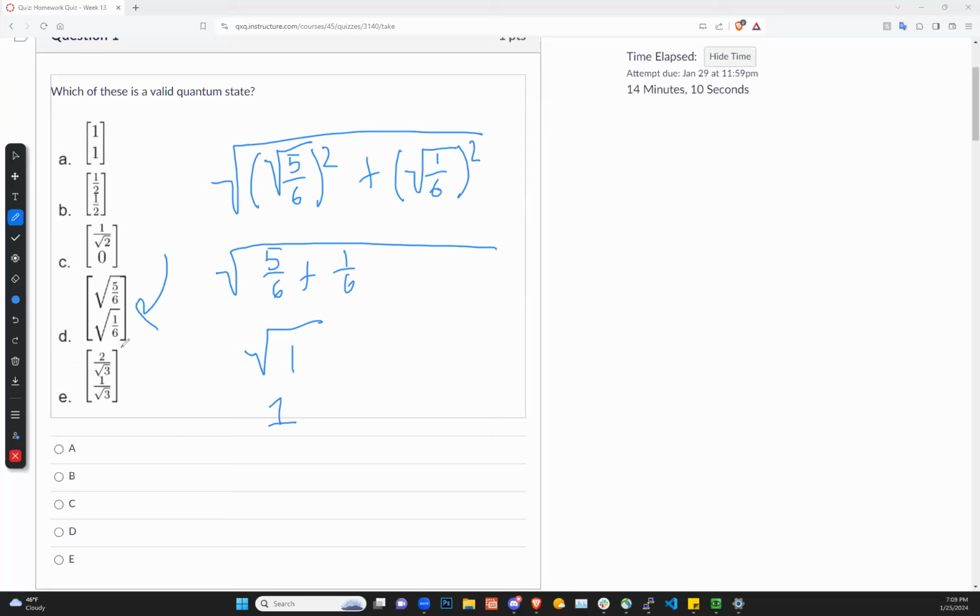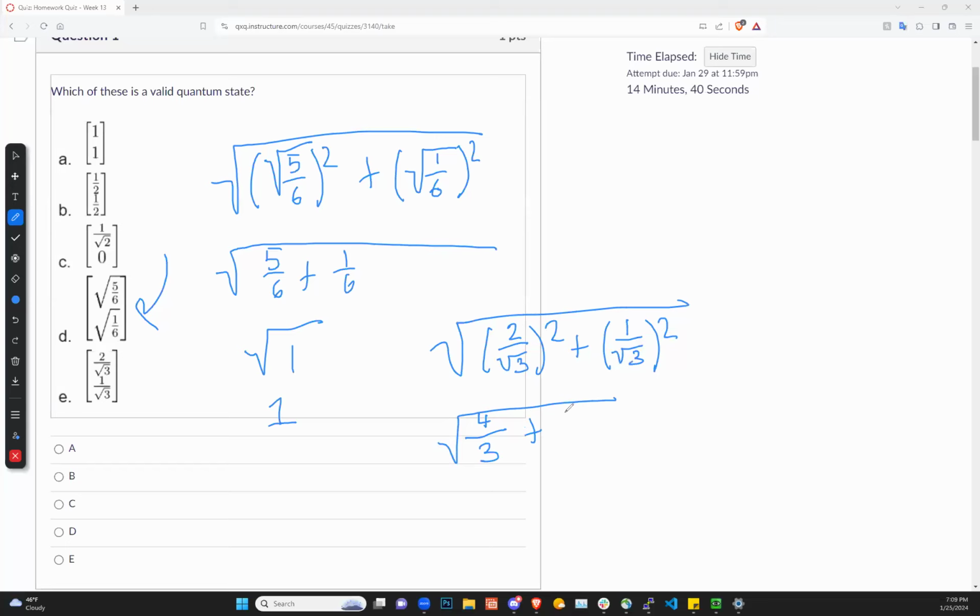We could do the exact same thing with E, and I'll do that just to check. So we have the square root of 2 over the square root of 3 squared plus 1 over the square root of 3 squared. We square the numerator, and we square the denominator, so we end up with the square root of 2 squared is 4. The square root of 3 squared is 3.